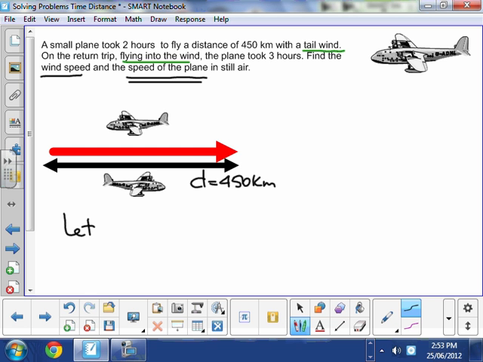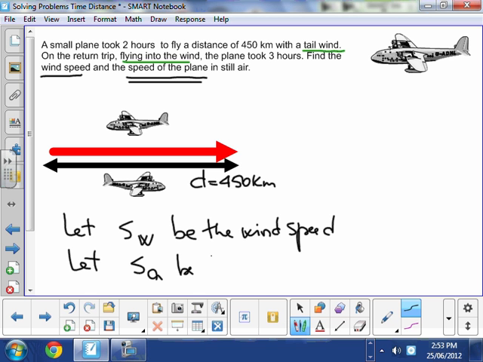Let SW be the wind speed. Good? Are we happy? Yeah. And the other one is the airplane: the speed of the plane in still air, so SA is the speed of the airplane. Of the airplane with no wind. Correct?